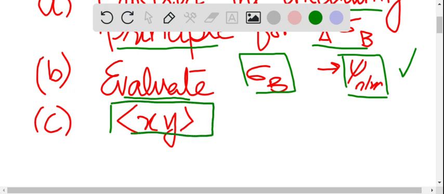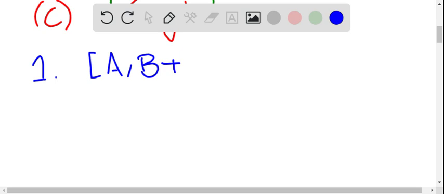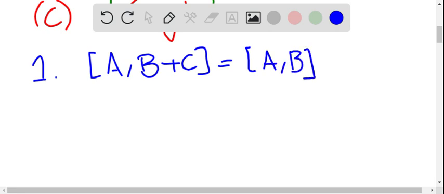So before solving all of these three parts, we must know that the commutator of A comma B plus C is equal to the commutator A comma B plus the commutator A comma C, right?